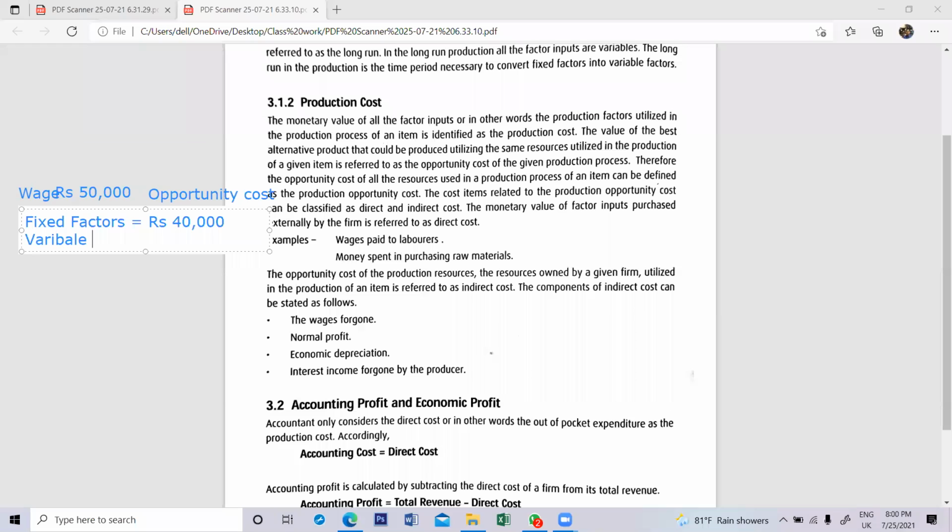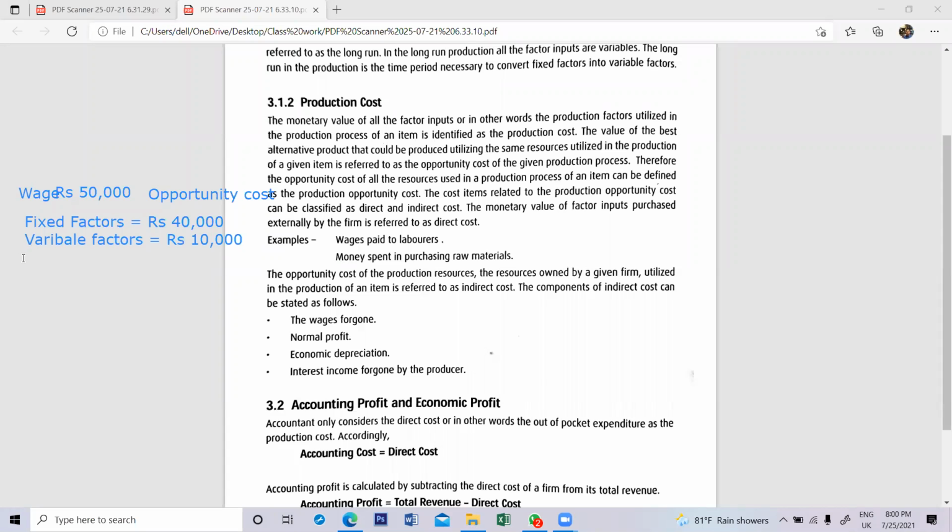That means resources, I mean raw materials and workers, variable factors, 10,000. This is the total cost he spent for the production of goods.